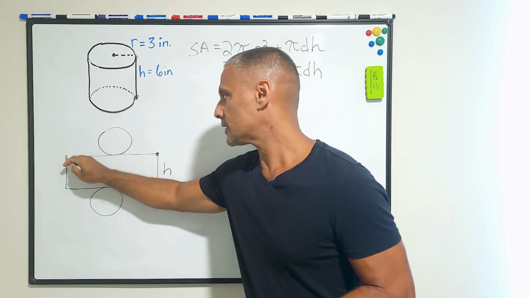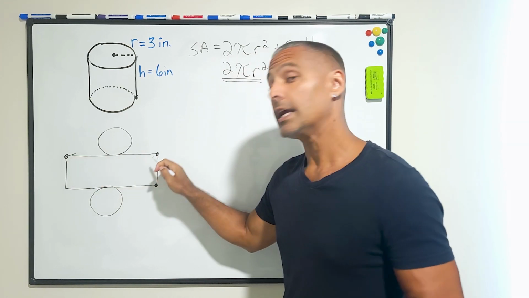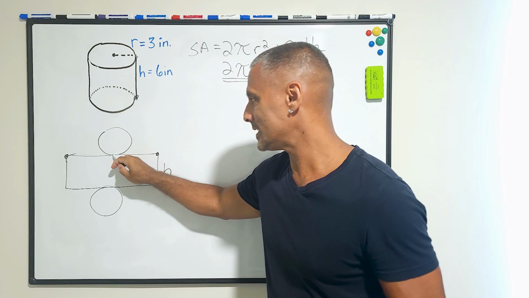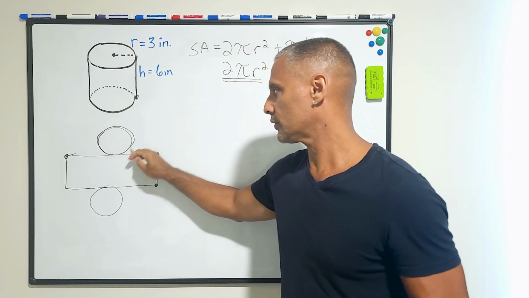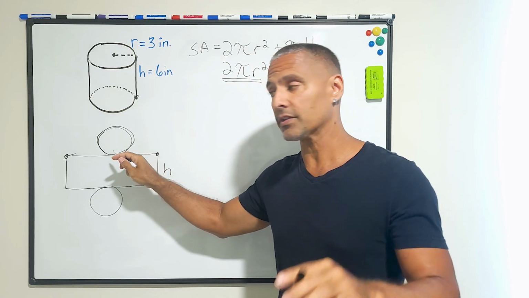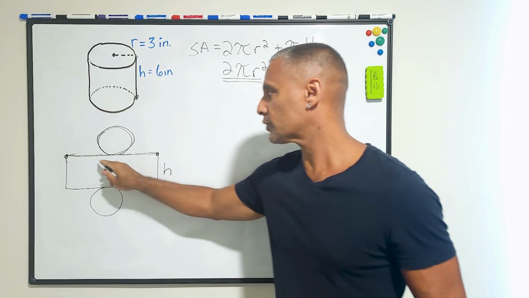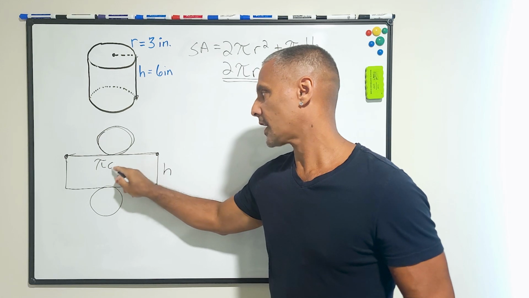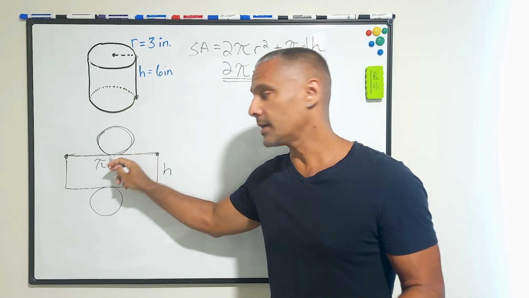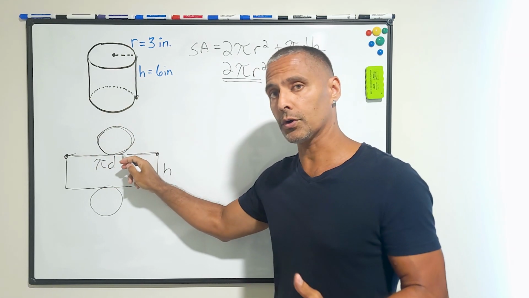The distance from here to here is equal to the distance around our circular surface, which we call the circumference. So we would say that this distance can be expressed as pi times diameter, which is the same thing as the circumference of a circle.